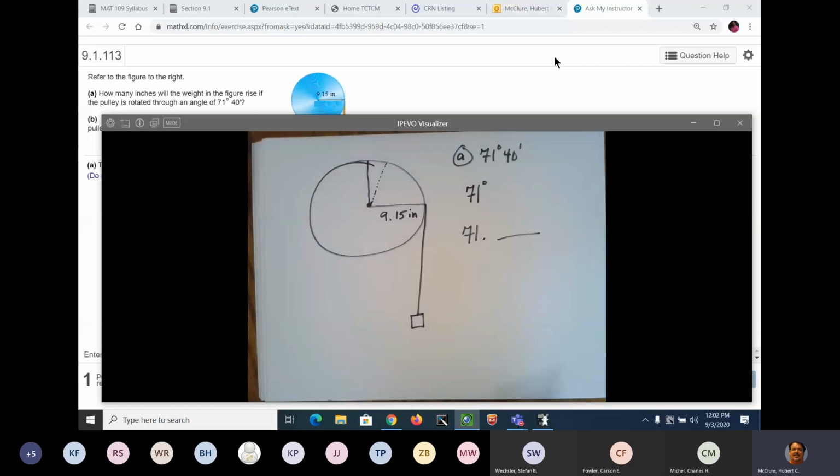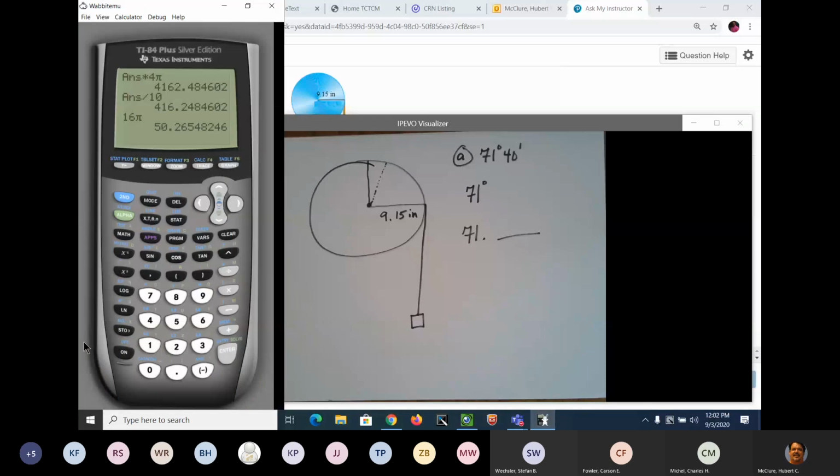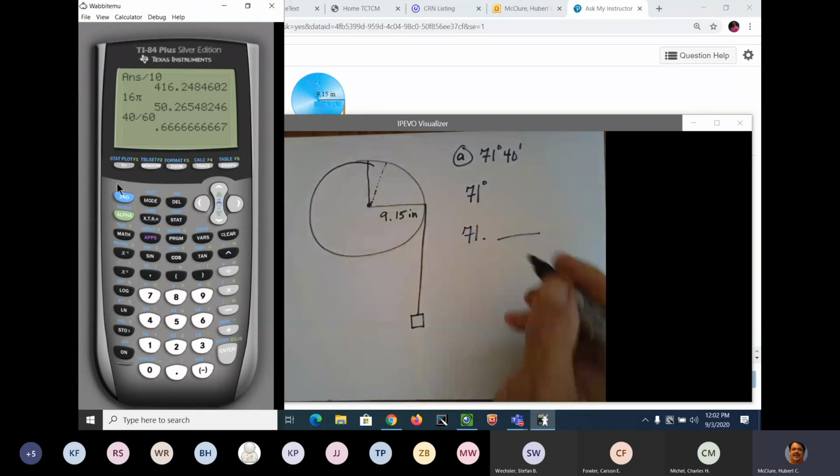How do we get a decimal out of 40 minutes? 40 divided by 60. Somebody do that for me. Oh, I'll do it. 40 divided by 60. I got 0.67 degrees.